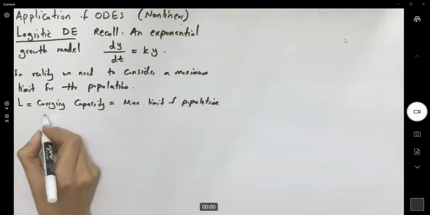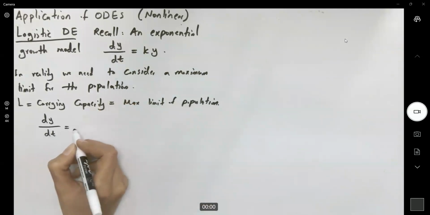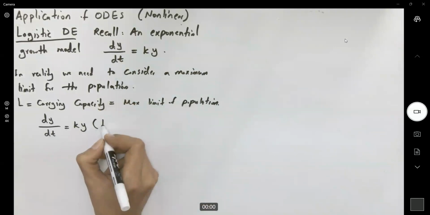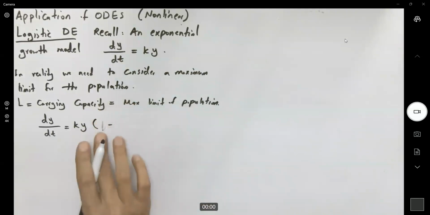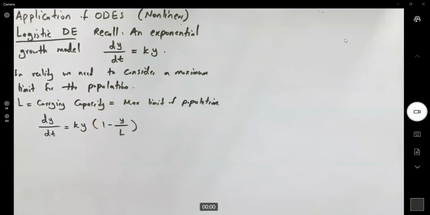The formula is dy/dt equals k times y, parentheses 1 minus y divided by L. This is a nonlinear differential equation, and it's called the logistic differential equation.